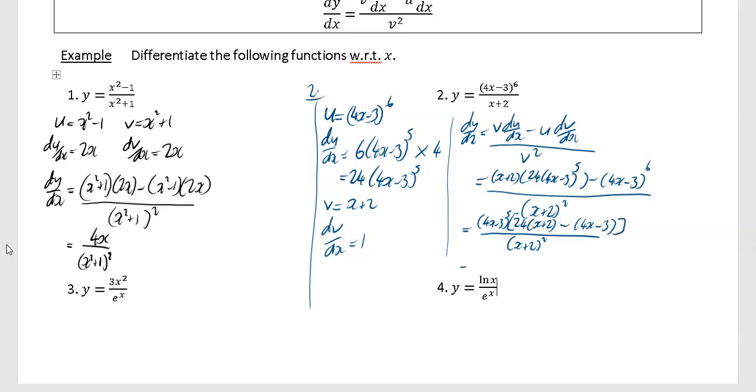And in your last line of tidying up, you're going to have x plus 2 squared on the bottom line. On the top line, you're going to have 4x minus 3, and then inside this bracket, let's think about what this is going to be. You have 24 times x, then minus 4x is just going to give you 20x.